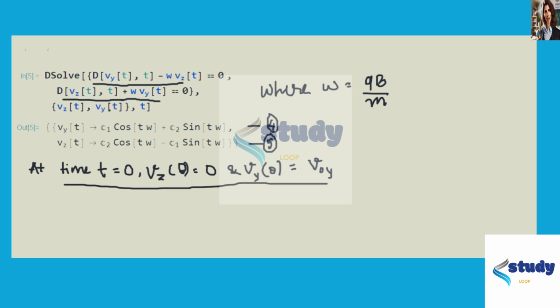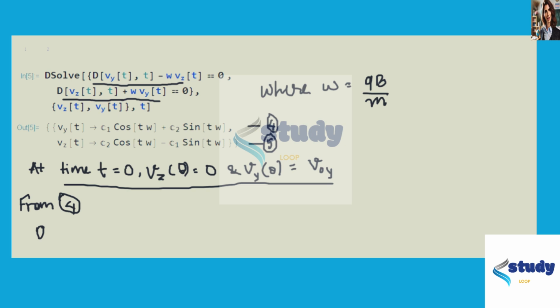Let us use the first condition first: vz(0) equals 0.